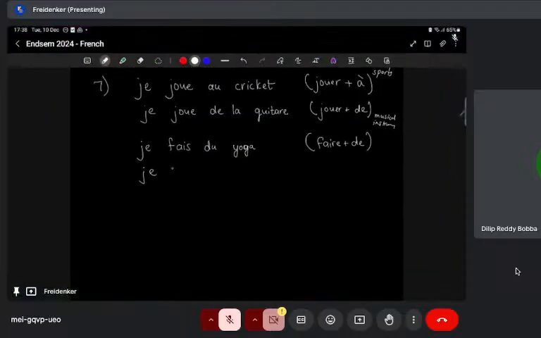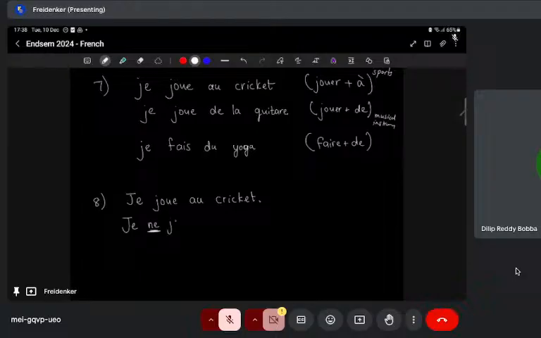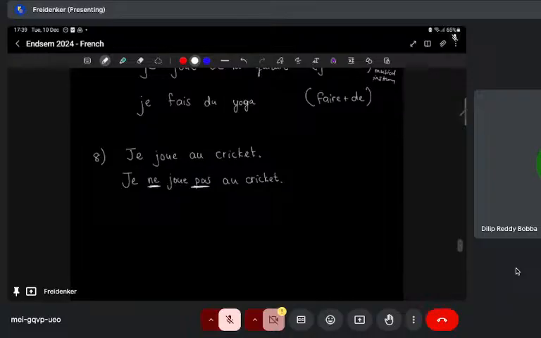For example, je joue au cricket. Its negative is going to be je ne joue pas au cricket. This is fine. This is jouer, right? Musical instrument means, let's say, je joue.